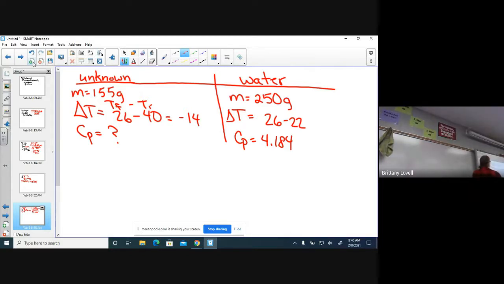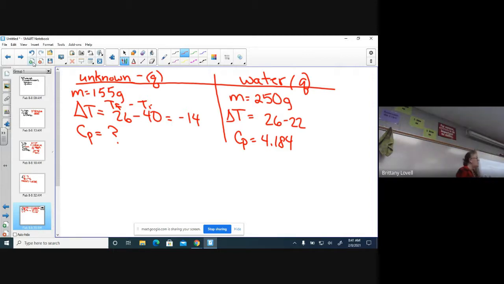So this is going to be our negative Q side. What happened to the water when you drop that hot piece of metal in? Yeah, it's going to heat up. Heat goes into the water. So that's going to be our positive Q side. So you do want to ask yourself some of these questions before you get started.